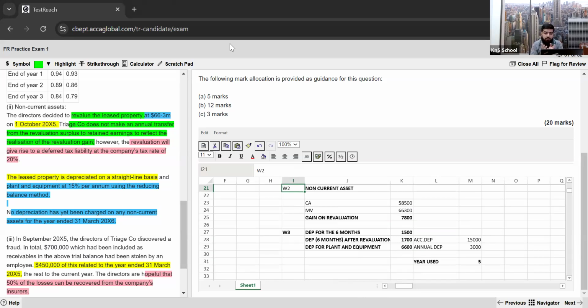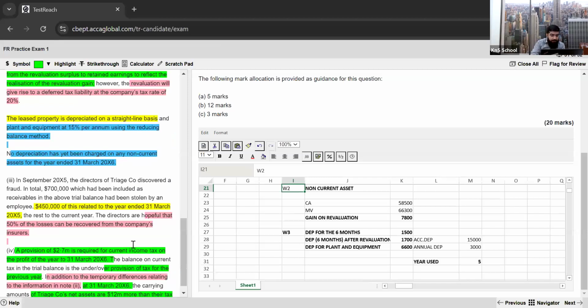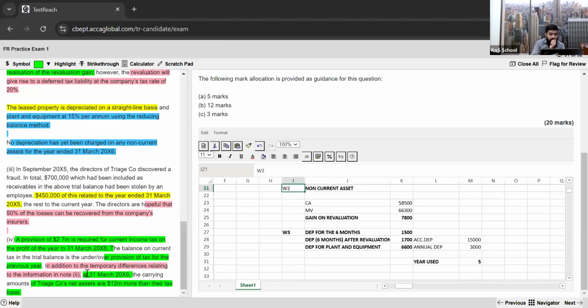Whenever there's a question, how will we know whether it is the given closing deferred tax liability or for the year? Let me show you the statement.